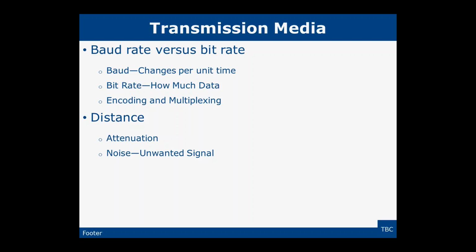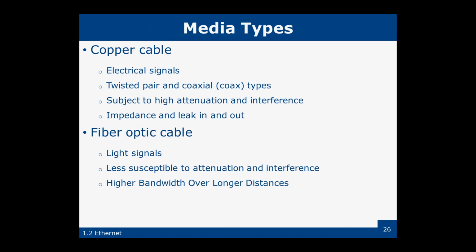It actually rebuilds the entire signal. If it were an amplifier, it would amplify everything, including the noise. So a repeater, and hubs and switches are also repeaters, as are the MAUs, the MAUs for the token ring. Each of these devices renews the signal as it gets to them, and we can use them to increase the distance that we want our signal to go.